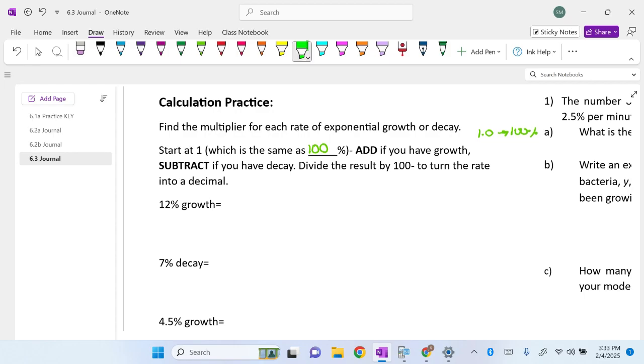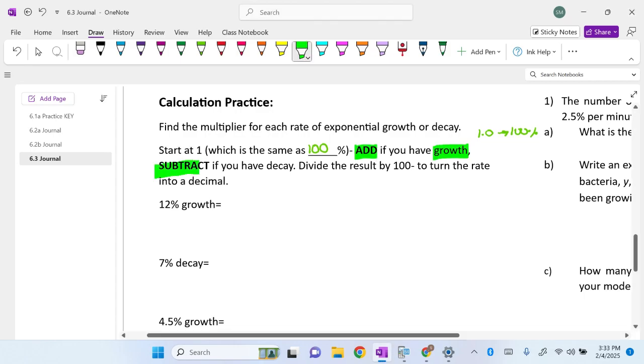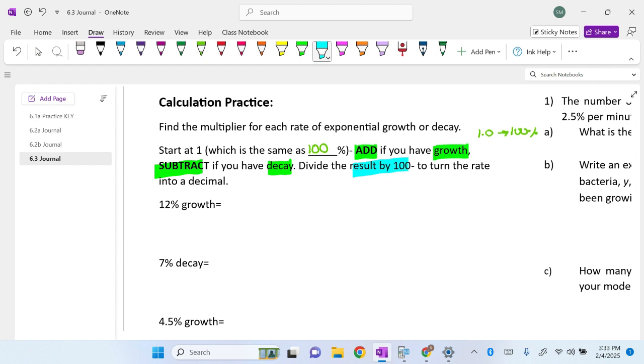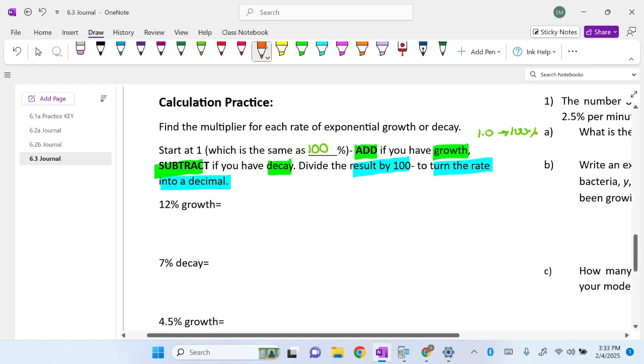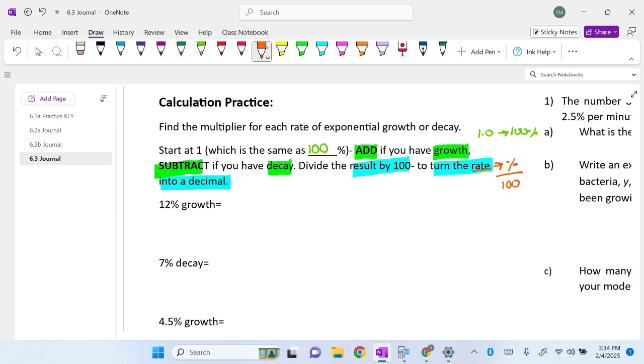Now, you add the R value if you have growth, and you subtract if you decay. Then you can divide the results by 100 to turn the rate into a decimal. So whatever percentage rate, remember your rate will typically be given to you as a percentage. Take whatever the percentage is, divide it by 100, and that would give it to you as a decimal.